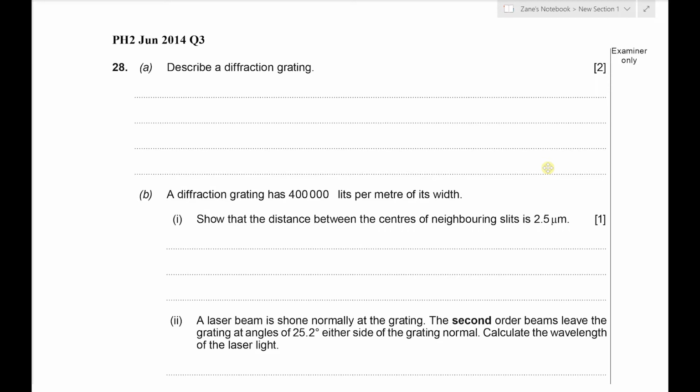First of all, the question asks us to describe a diffraction grating. So here all we're going to say is that it's a piece of transparent material, something like glass, with many lines on it.